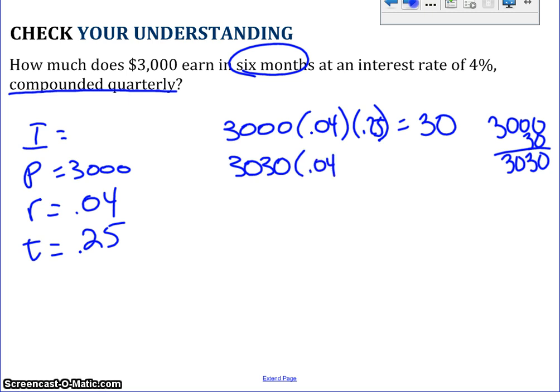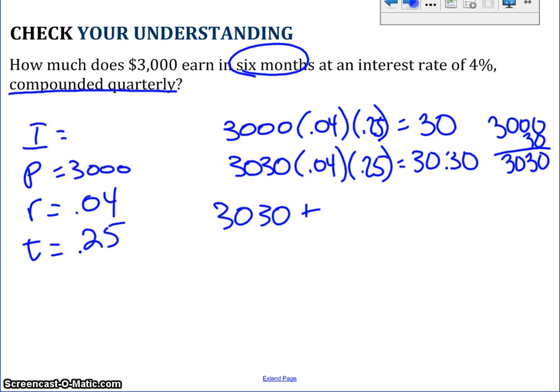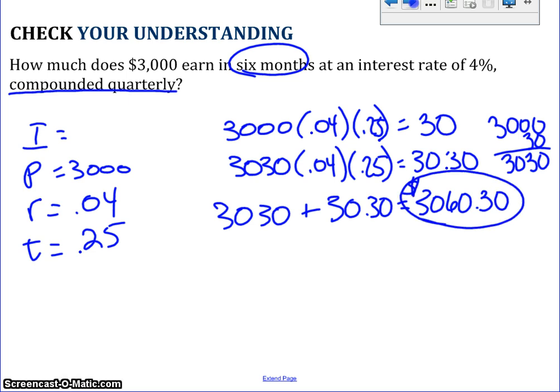My rate stays the same, my time stays the same. When I multiply that through, I get $30.30. I'm going to add that to the $30 that I used for the 3-month period. And when I add these together, I get a total of $3,060.30 after a 6-month period.